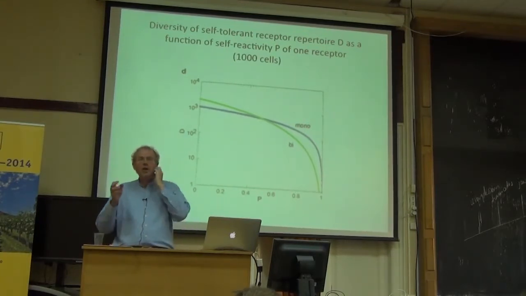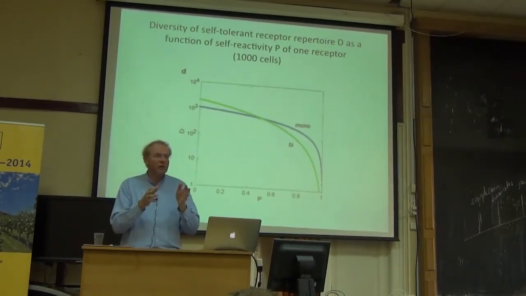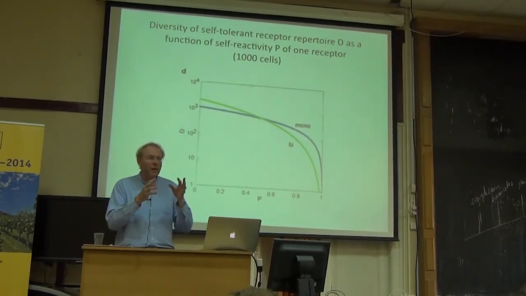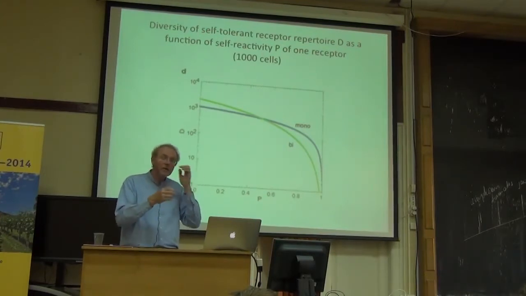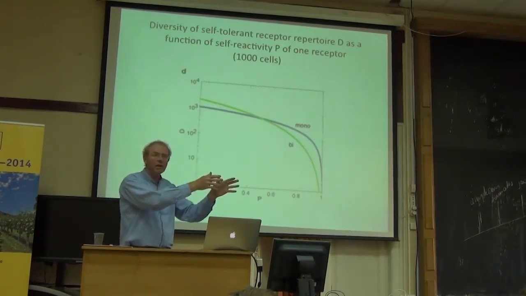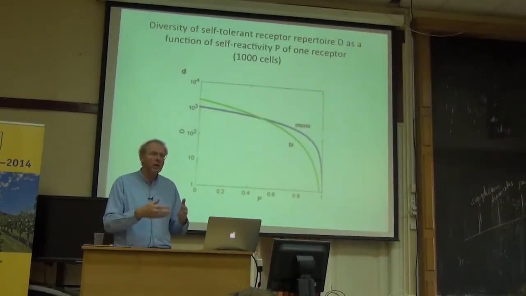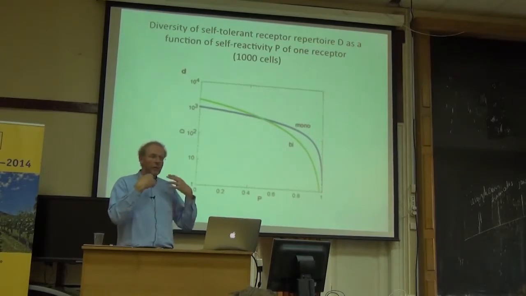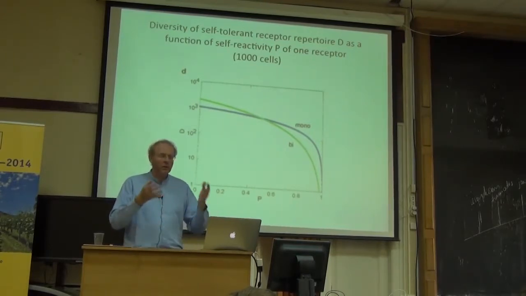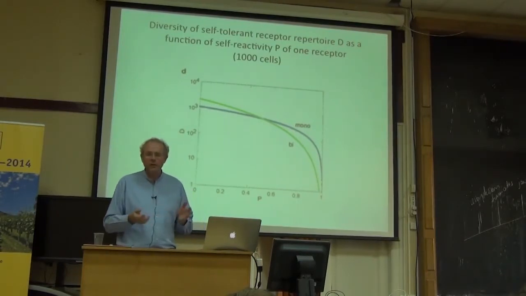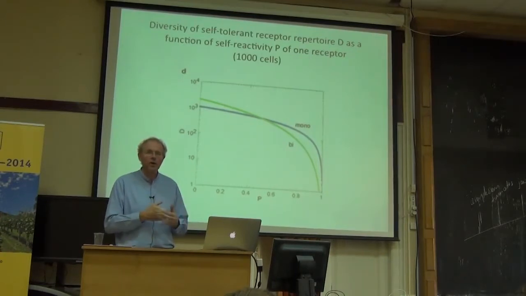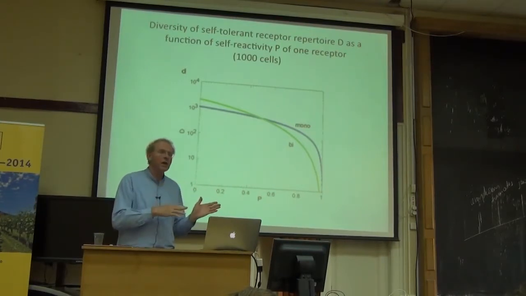So because there is such high preponderance of self-reactivity of these unselected receptors when they are being made, the system inevitably is driven towards monoallelic expression, because that is the most efficient way of generating the most diverse repertoire with the least number of lymphocytes. And the least number of lymphocytes means the least expenditure of energy. So it's a very simple logic, and you might agree or not agree with it, but I think the conclusion from this is a very important one.